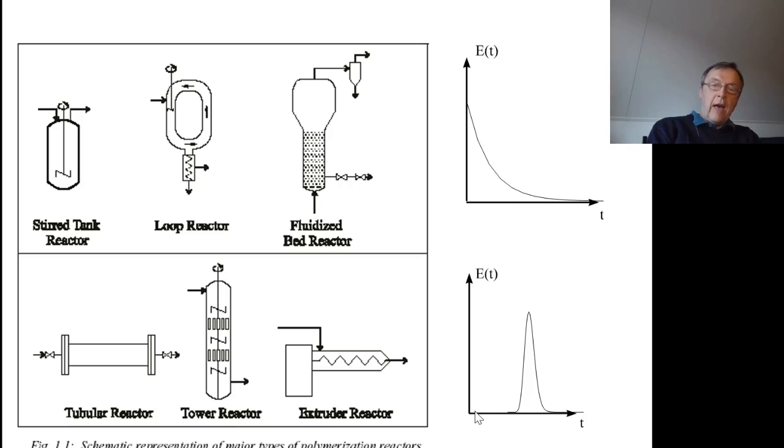So we have a long period of time where no molecules leave the reactor, and then a very sharp peak that shows how most volume elements leave the reactor, and they all leave the reactor more or less at the same time. So for some reactions, it is very important that all monomers have the same time and the same probability to take part in the reactions.